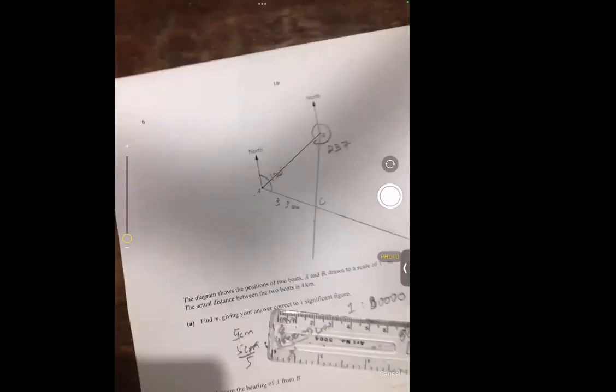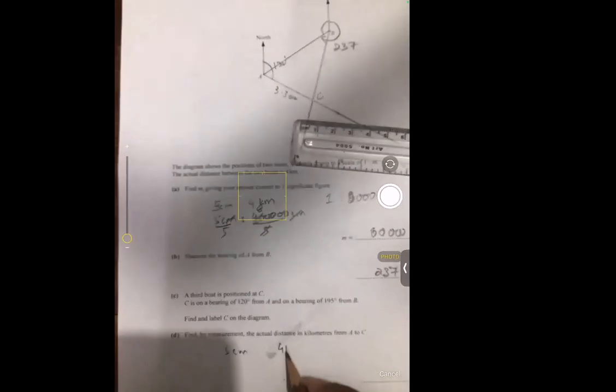Now I'm going to find the actual distance from A to C. We already know that for 5 centimeters we got 4 kilometers. For 3.3 centimeters on the map, how many kilometers do we need?